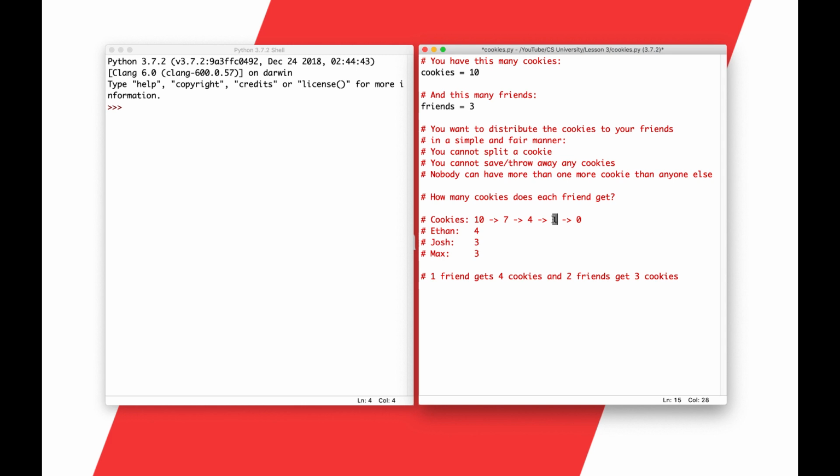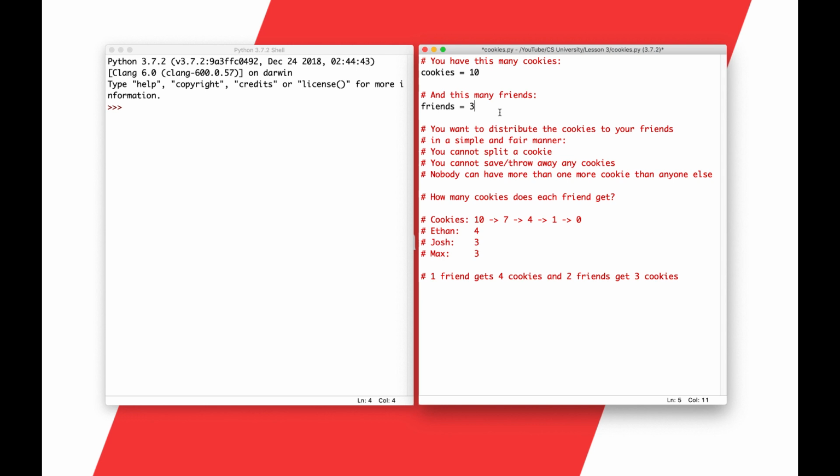So we're essentially doing repeated subtraction, right? And repeated subtraction is just division. Or I guess repeated subtraction with the same number. We're subtracting 3 every single time, and so it's the same thing as division. So what we're really doing is dividing the number of cookies by the number of friends, something like 10 divided by 3. But it's not quite 10 divided by 3, because 10 divided by 3 would have a decimal place in it.